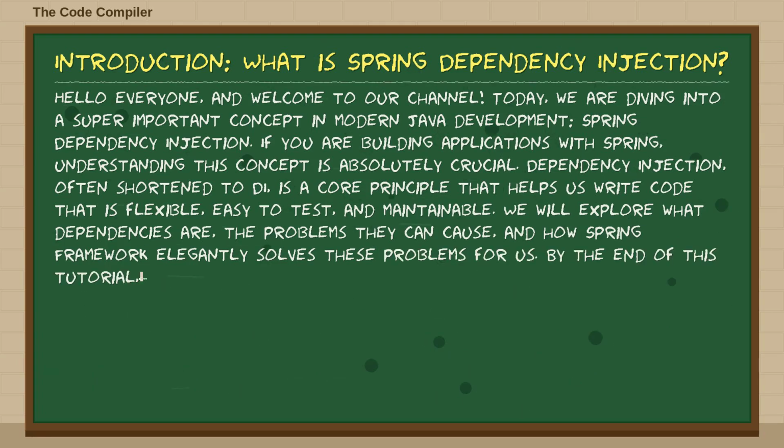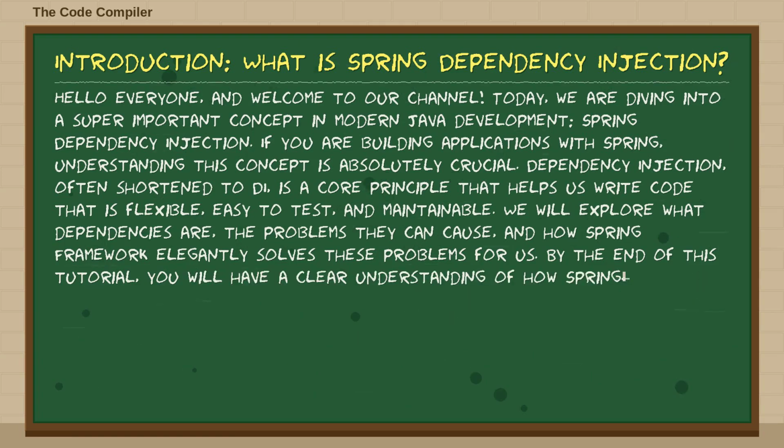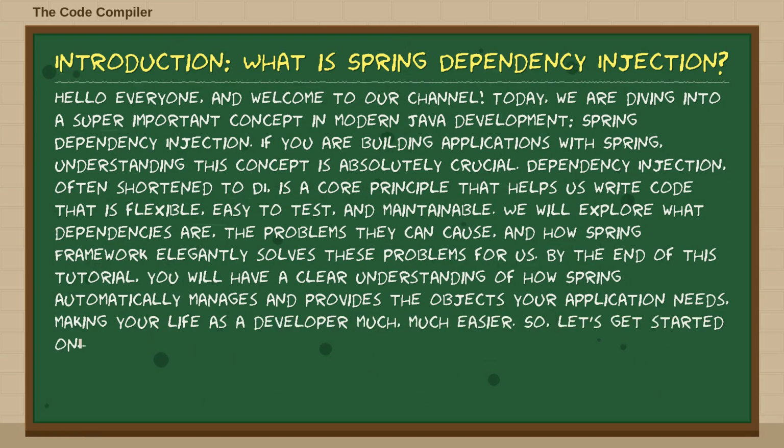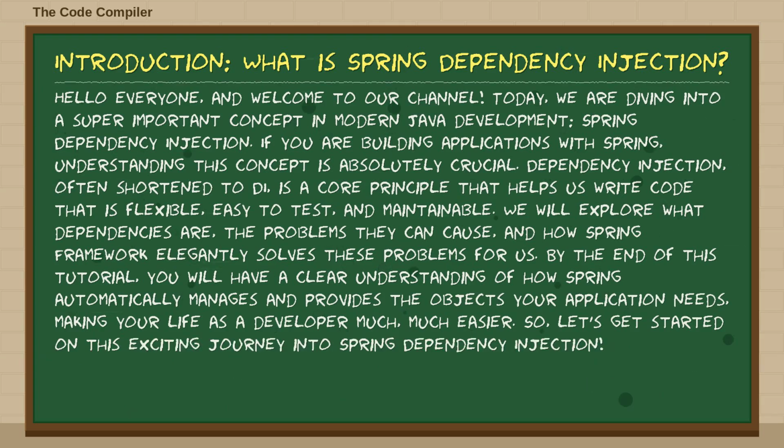By the end of this tutorial, you will have a clear understanding of how Spring automatically manages and provides the objects your application needs, making your life as a developer much easier. So, let's get started on this exciting journey into Spring Dependency Injection.